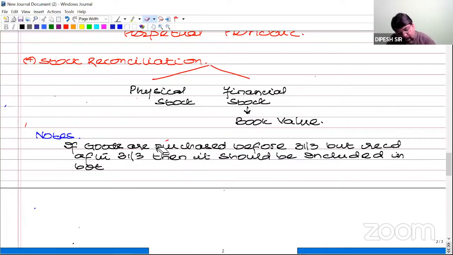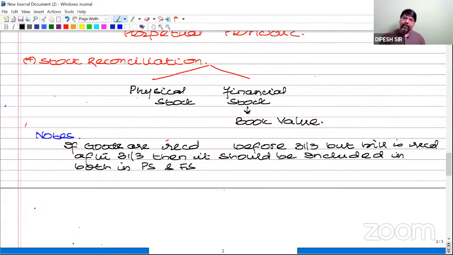Now, goods are received before 31st of March, but the bill is received after 31st of March, then it should be included both in physical stock and financial stock.